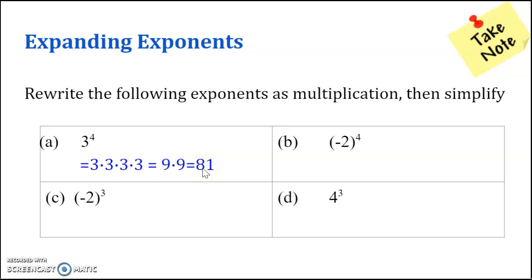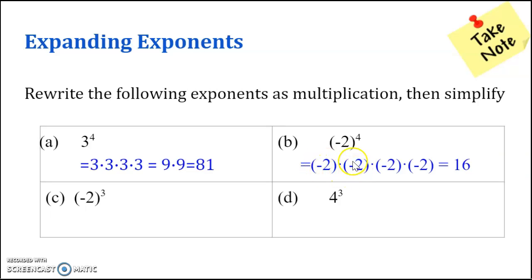So please pause the video and see if you can evaluate all of them. Okay, I am going to give you the answers. It's -2 to the power of 4. That just means -2 is being multiplied by itself 4 times. Now remember, negative times negative is going to be positive. So -2 times -2 is positive 4.